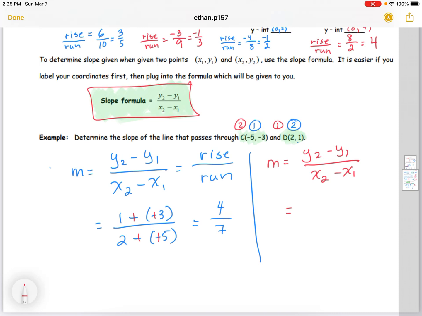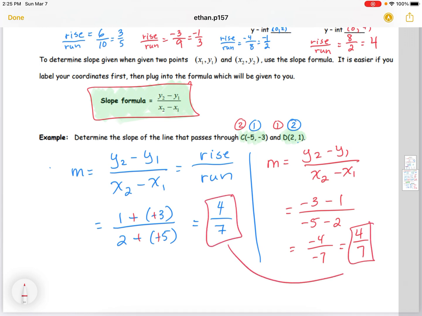If that's the case, then this would be my y2, -3 minus 1, and here I would have -5 minus 2. So I would get -4 over -7. Those two negatives will cancel out, and it'll be 4 over 7. So as you can see, doesn't matter which one we make, point 1 and point 2, we'll get the same answer.